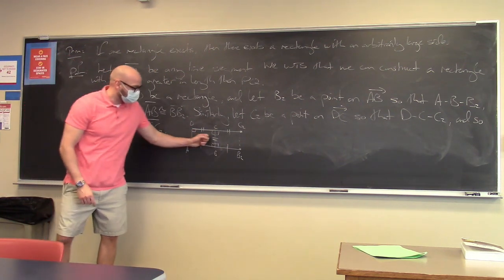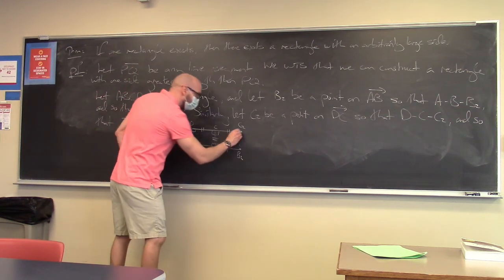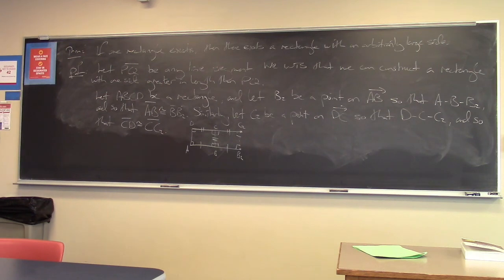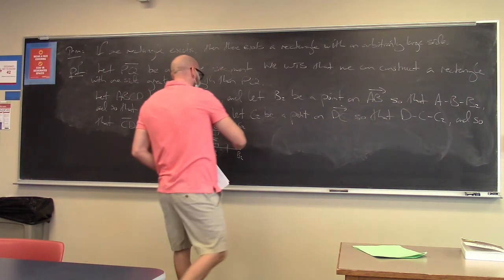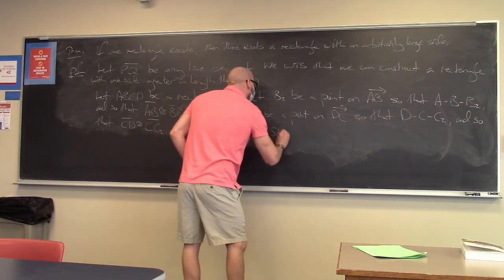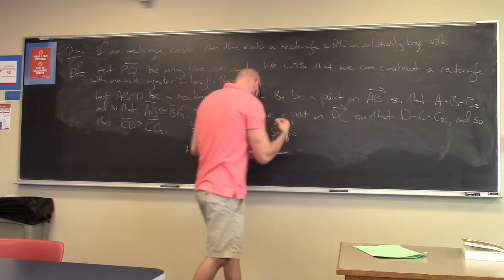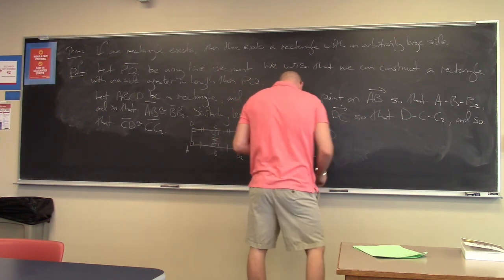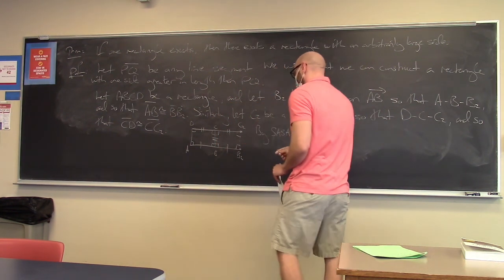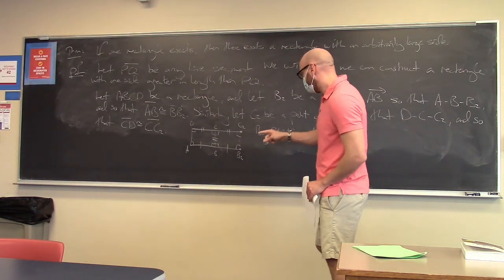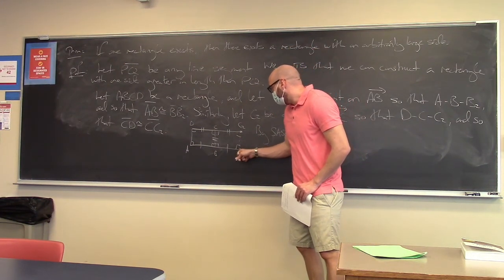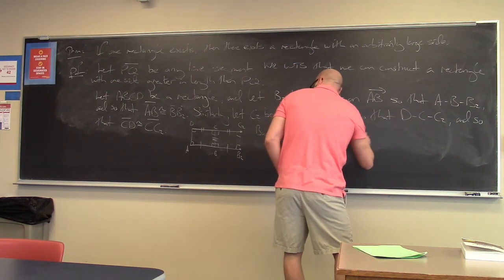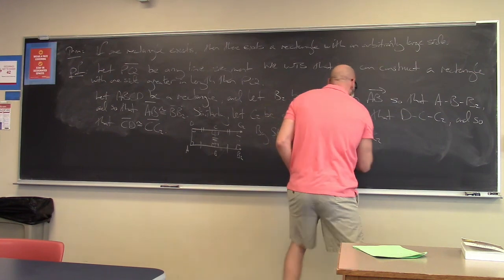So by SAS, these are congruent, and because they're congruent, the corresponding angles have to match up. So by SAS, ABCD is congruent to B2BCC2.